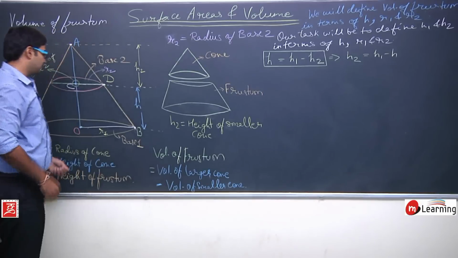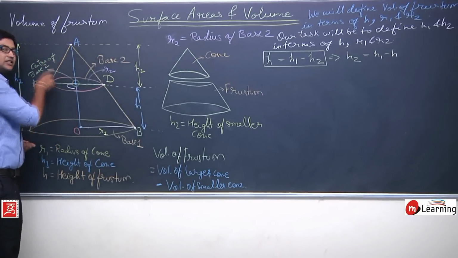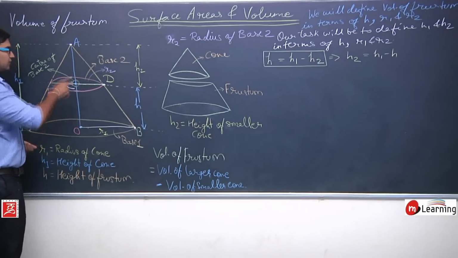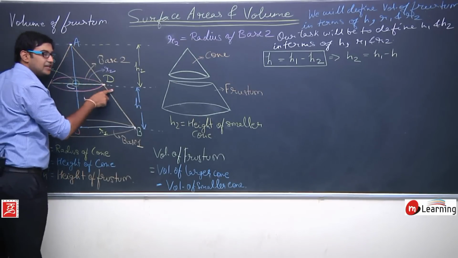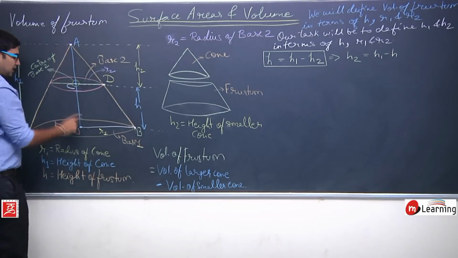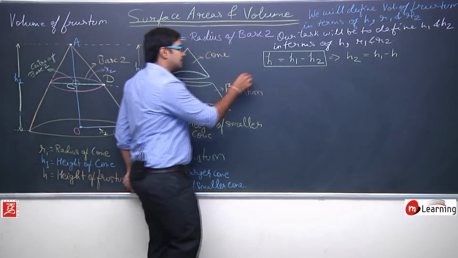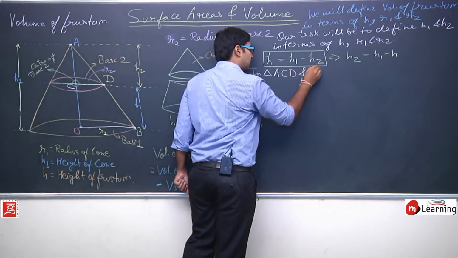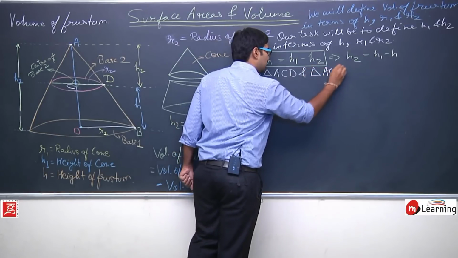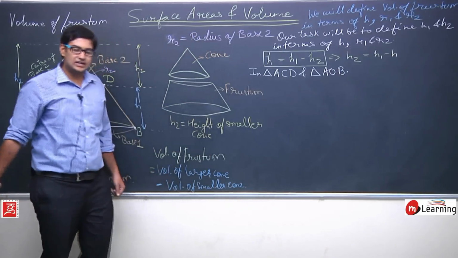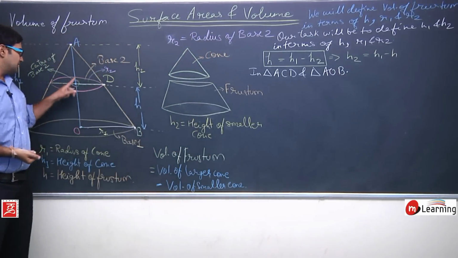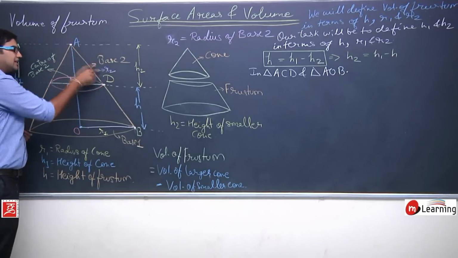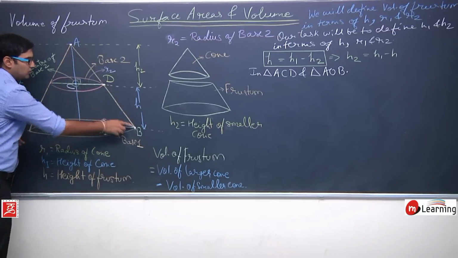Now after this, try to observe in this diagram, I have two right angled triangles. The first triangle is ACD and another triangle is AOB. I will consider triangle ACD and triangle AOB. In both these triangles, this angle is 90 degrees in ACD and this angle is 90 degrees in AOB.